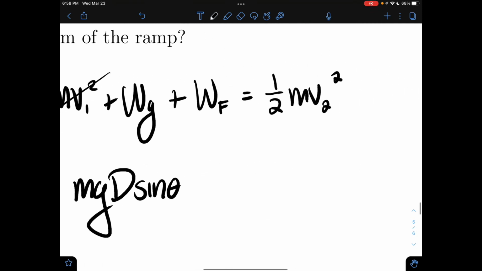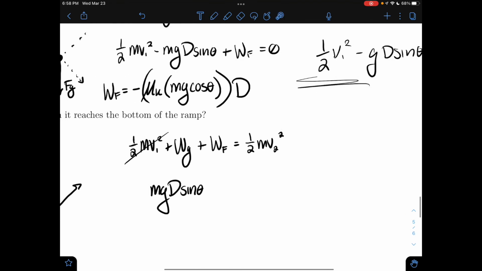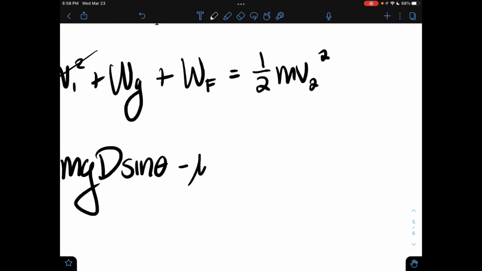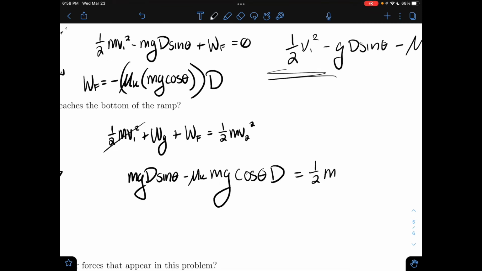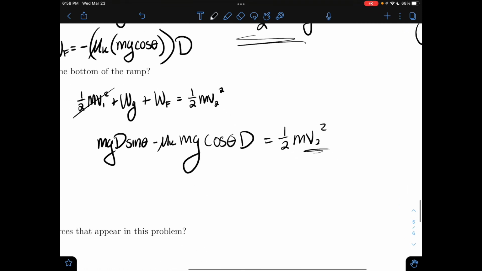And then this, again, same distance, same everything, and it's still going in the negative direction, so that's going to be minus mu k mg cos theta d, which is going to equal 1/2 mv2 squared. And we're trying to solve for this v2.